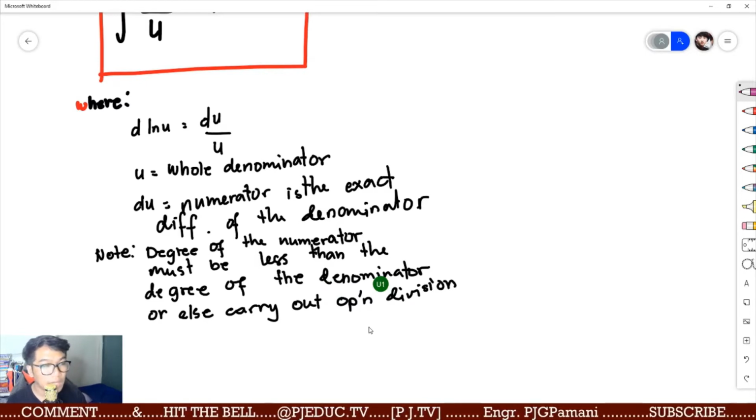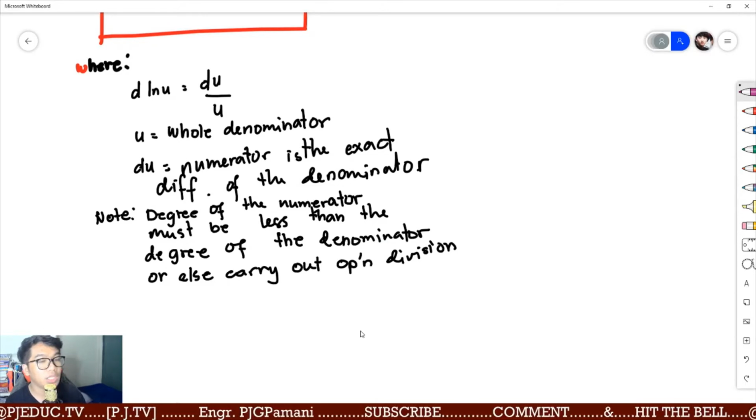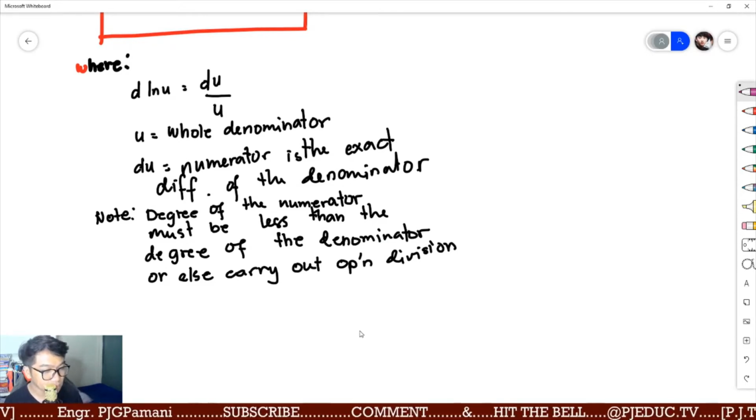So, apply lang natin yung ating background when it comes to analyzing or dividing multinomial terms. With that said, punta muna tayo sa pinaka-basic na example involving logarithm.